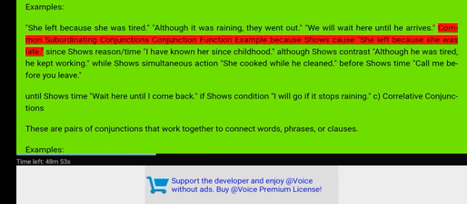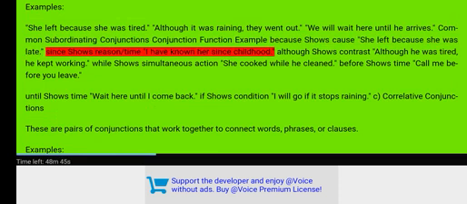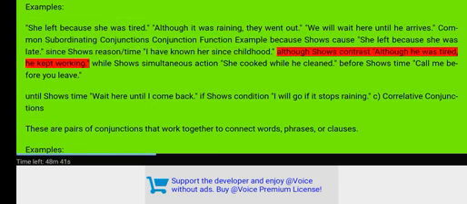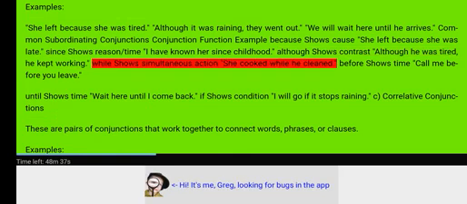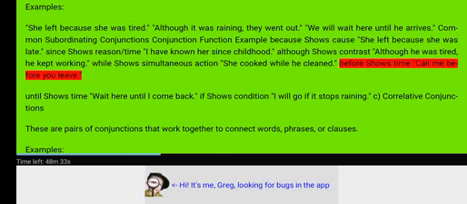Common subordinating conjunctions. Conjunction function and example. Because shows cause: she left because she was late. Since shows reason or time: I have known her since childhood. Although shows contrast: although he was tired, he kept working. While shows simultaneous action: she cooked while he cleaned. Before shows time: call me before you leave.